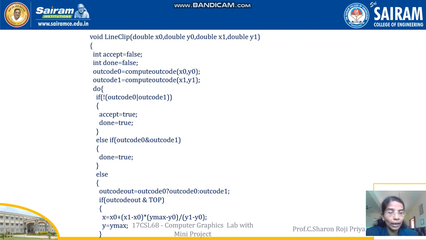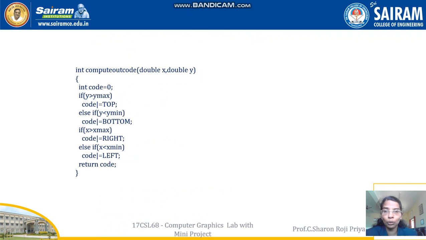Similarly, the next endpoint is 80, 120, right? A line will have 2 vertex, and the ending vertex will be 80, 120. Using this 80, 120, I am calling compute outcode. In compute outcode, now I am having 80, 120. Right? So take your y value, 120. Check whether 120 is greater than y max, which is 100.